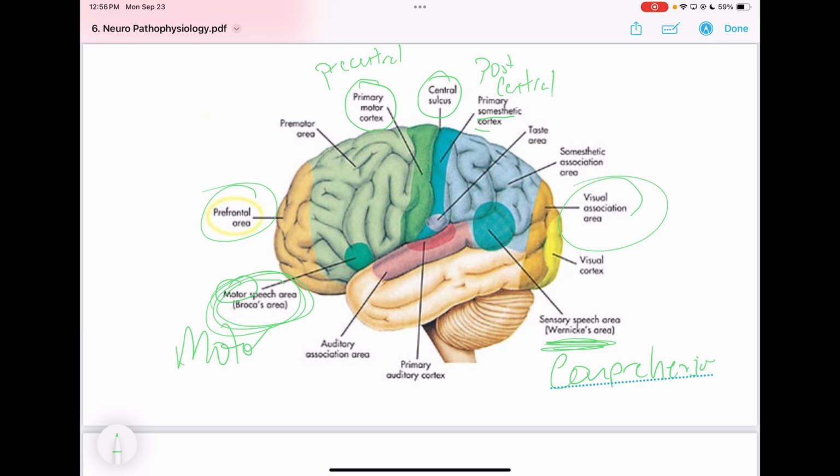When they have the inability to form the words, remember, your mouth has a lot of muscles that all have to move in order for you to speak. If they had a stroke or damage to Broca's area, the motor function of speaking is going to be altered. They know what they want to say, they just can't say it.